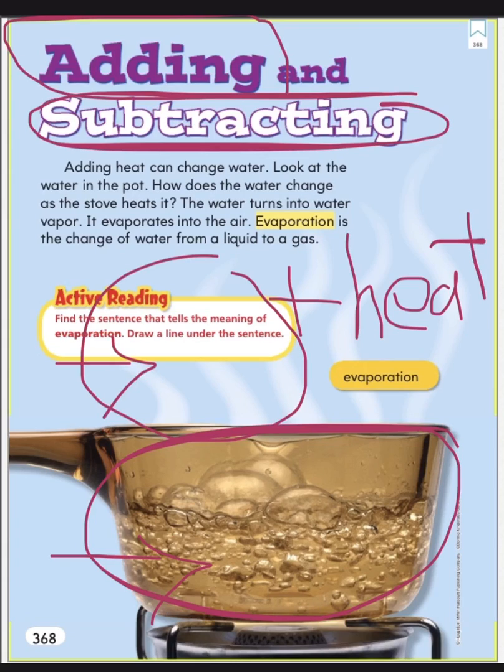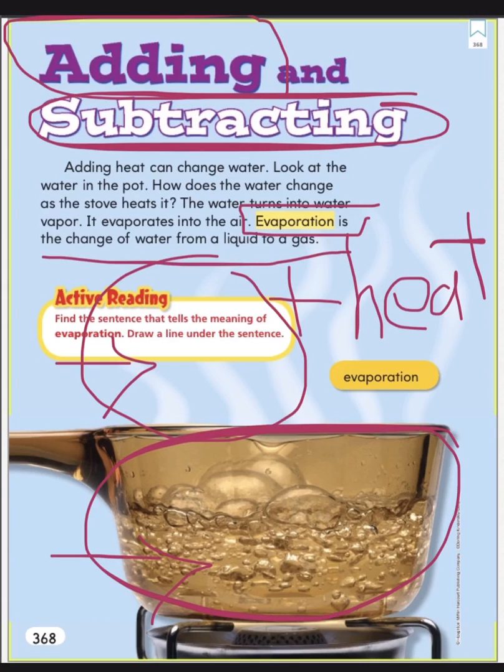So, please, boys and girls, focus carefully. When liquid changes and becomes gas, we call it evaporation. All of you say evaporation. So, evaporation means when we change the liquid into gas.